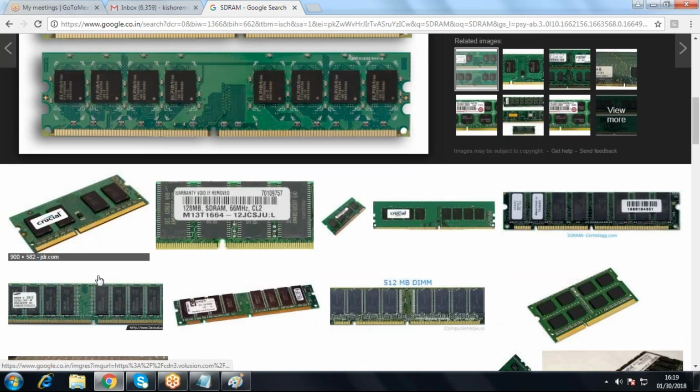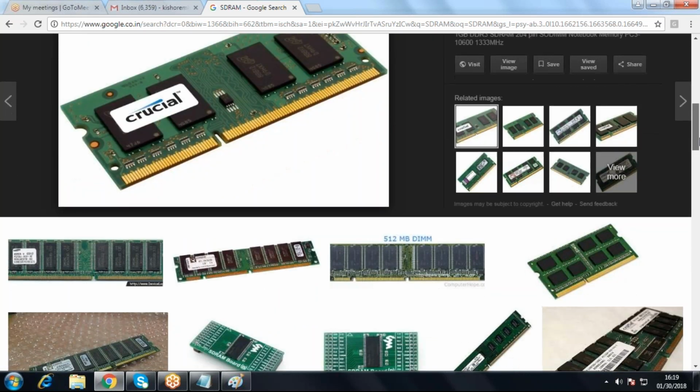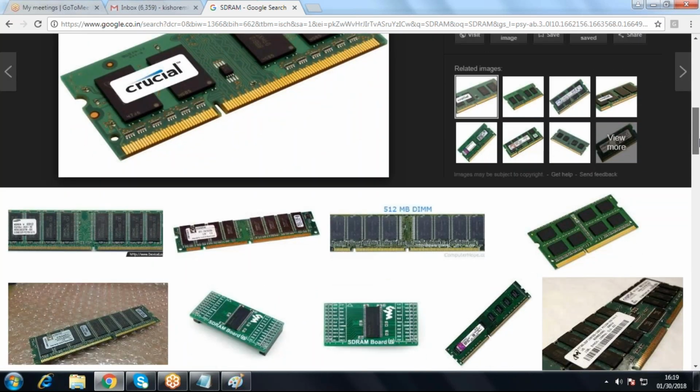This one is not the desktop type of RAM. It's for laptop. DDR3. How do you know it's 3?